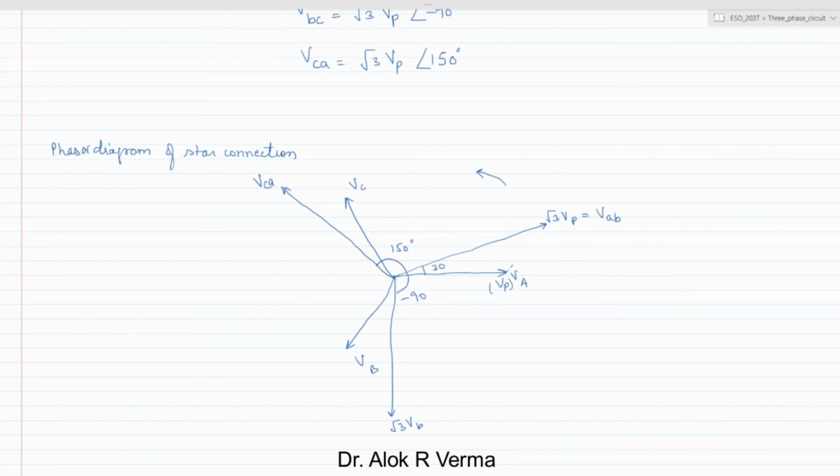So VAN minus VBN is the voltage. VAB is nothing but VAN minus VBN, VBC is nothing but VBN minus VCN, and VCA is nothing but VCN minus VAN. So from here you get the relationship which we have covered: root 3 times the phase voltage.